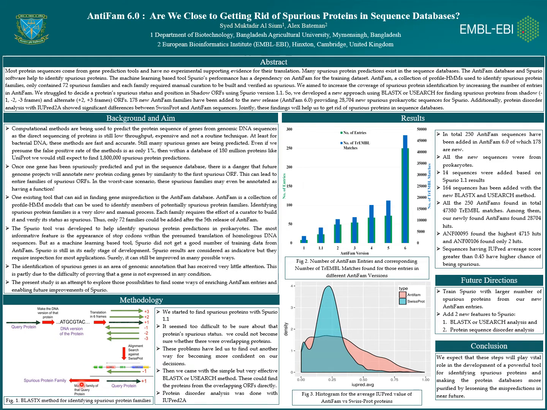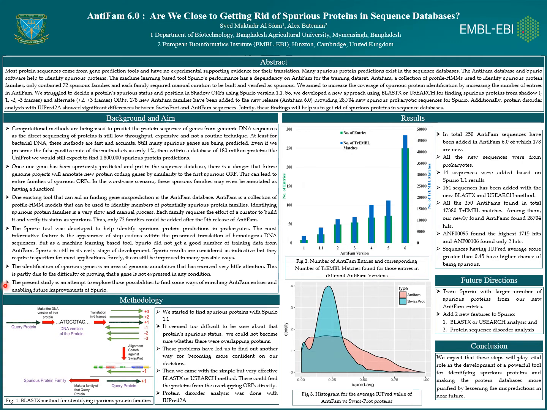So this was a very simple but very effective method, but eventually the idea of using usearch came to our mind because of its swiftness and advantage over BlastX in finding the overlaps. This method has reduced the time and labor, but most importantly, it gave us the confidence in decision making of protein spurious status.